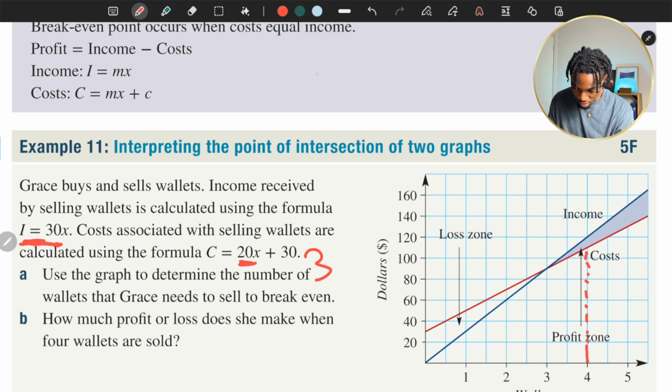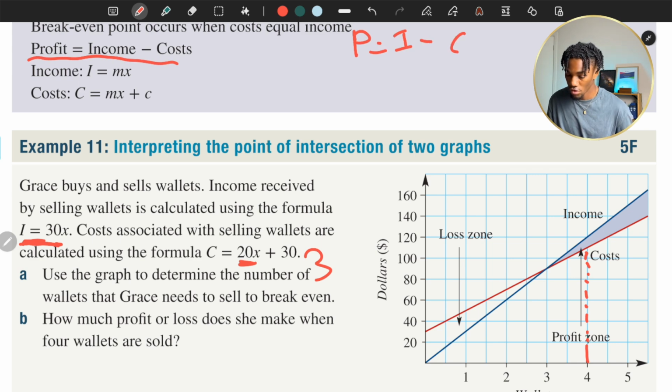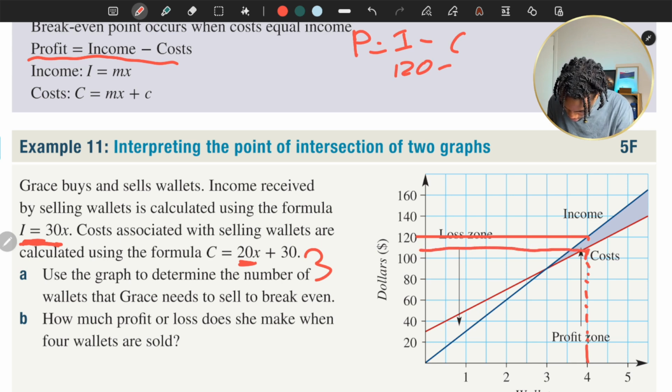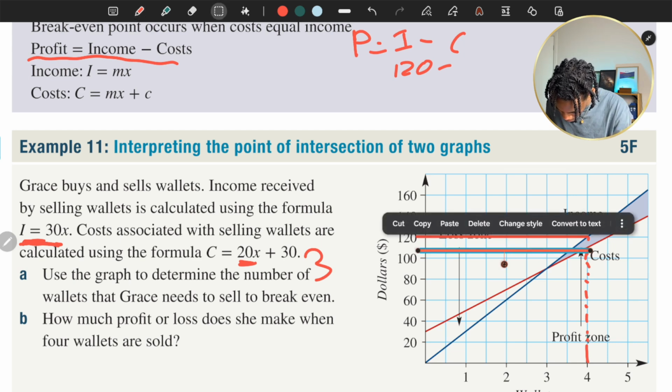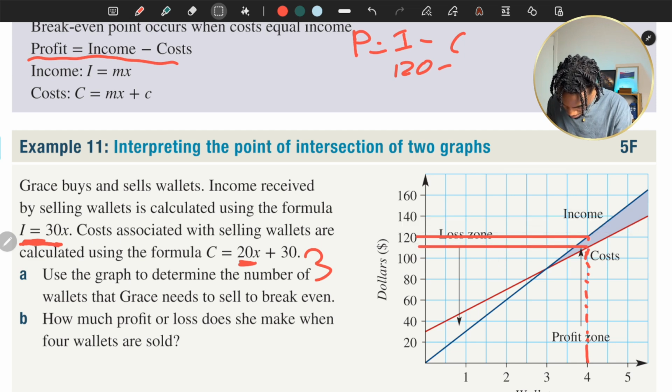And you'll see here, profit equals income minus cost. So for this one here, the income is going to equal about 120 minus the cost, which is about 115, let's say.